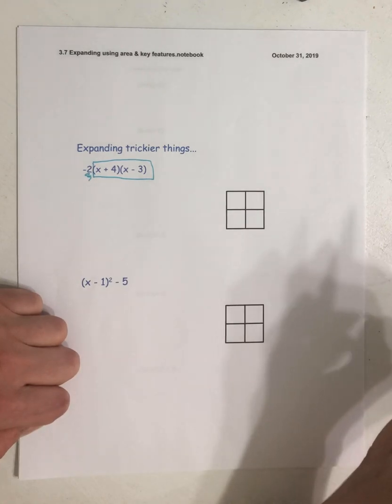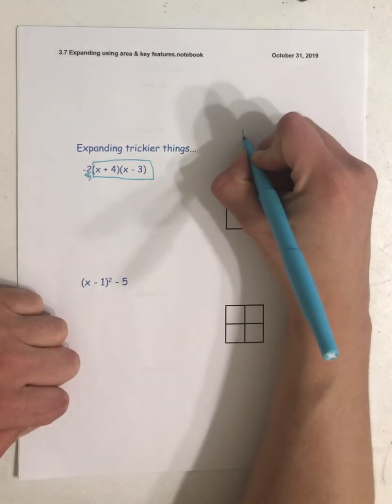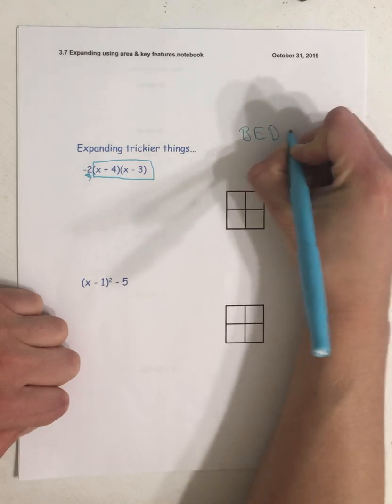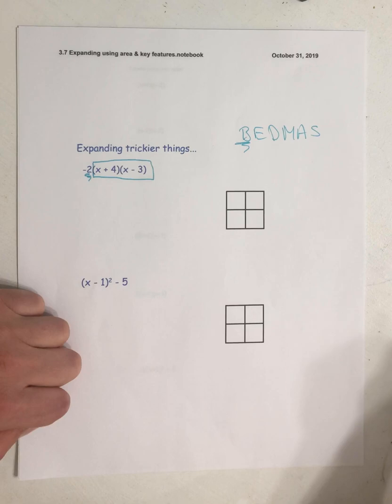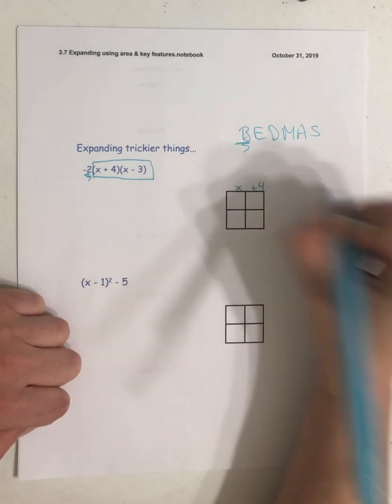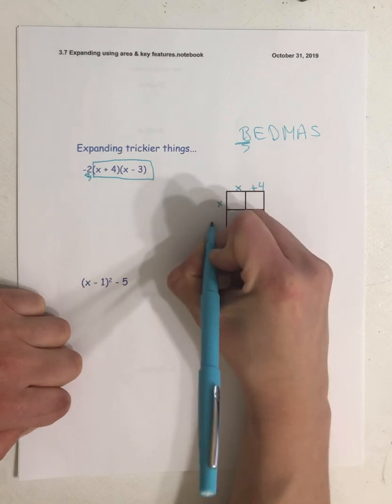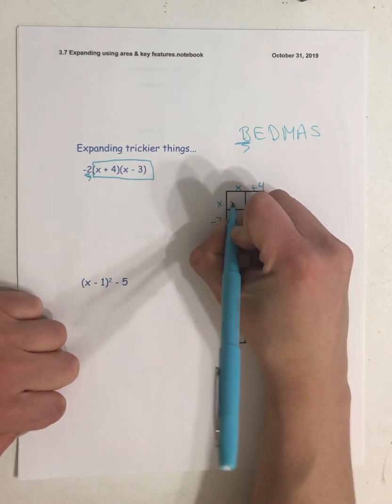We're going to do the same thing we just did and expand this, because remember, BEDMAS, brackets come first. So we're going to write x + 4 on the top, x - 3 on the side, and then we'll multiply them out.